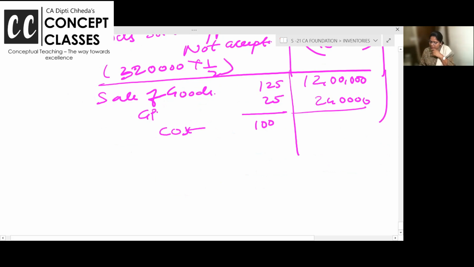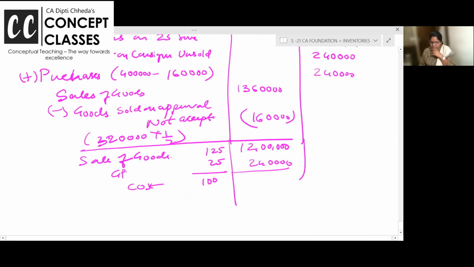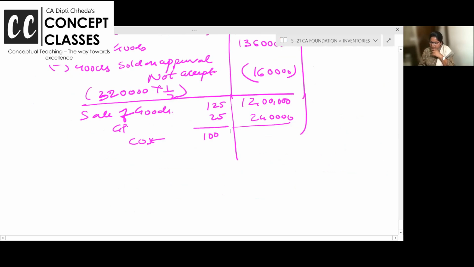How much GP you are getting? 240 goods are sold at 120.